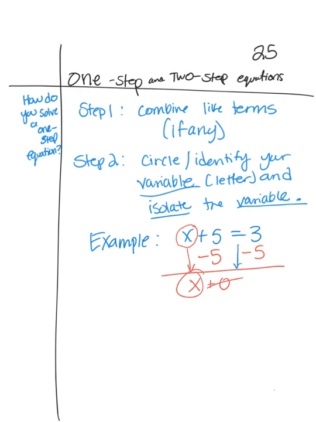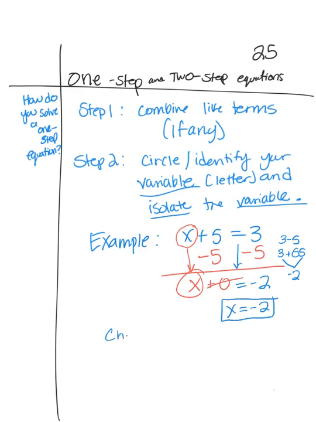Bring down the equal sign, and 3 minus 5. Write it on the side, 3 minus 5. 5 is going to be negative, so if I rewrite that, that's 3 plus negative 5. Those are different signs, so you subtract them. Keep the sign of the bigger number, so it's negative 2. So now, let's write it neater. X is equal to negative 2.